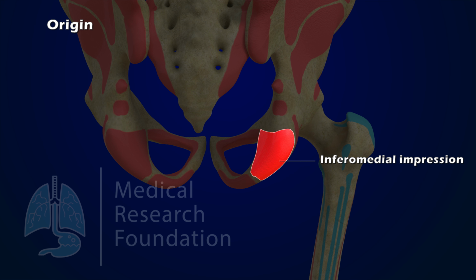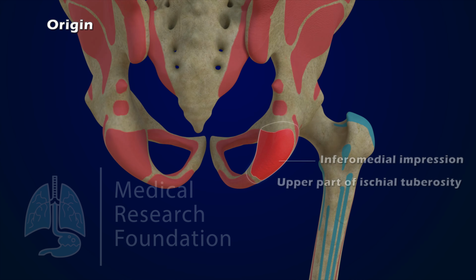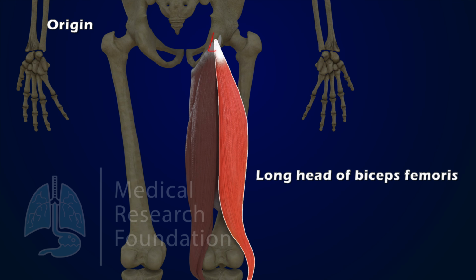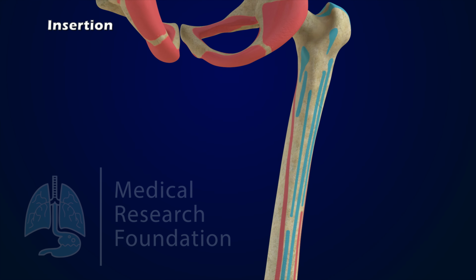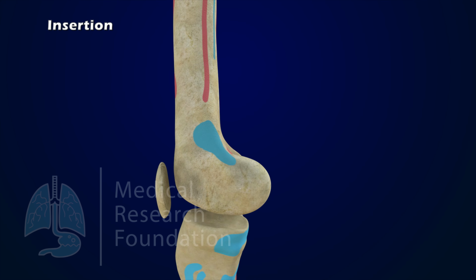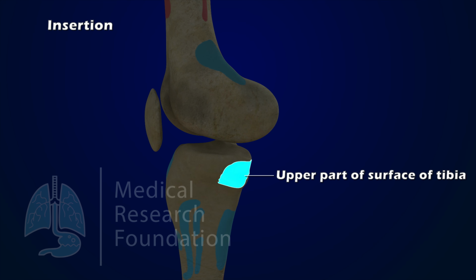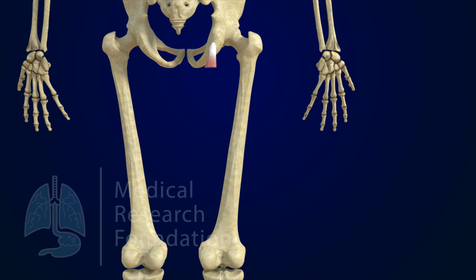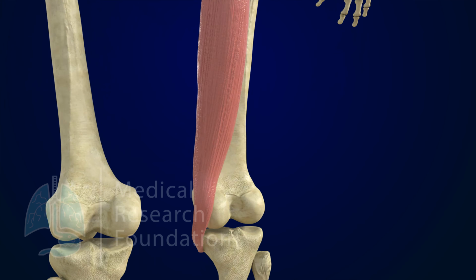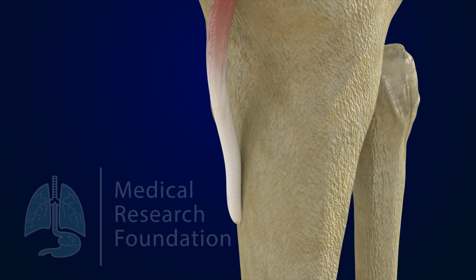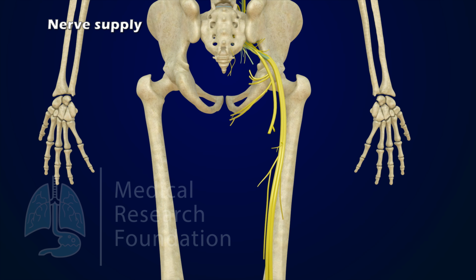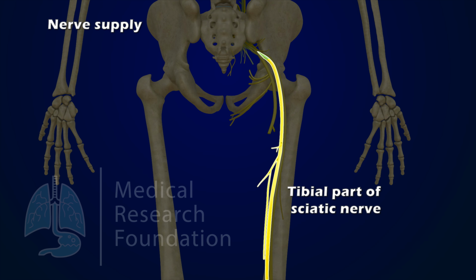From the inferomedial impression on the upper part of ischial tuberosity, in common with long head of biceps femoris. Insertion into upper part of surface of tibia. Nerve supply, tibial part of sciatic nerve.